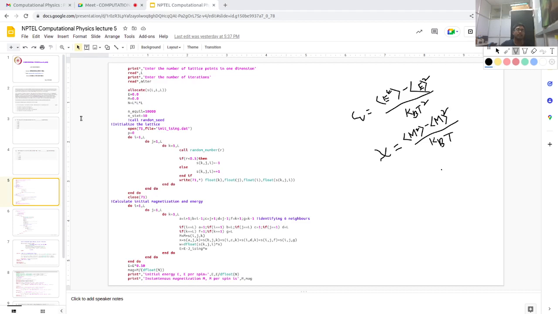Then again I am taking three loops because we have a three dimensional lattice. If we have a two dimensional lattice, we don't need three loops. We have two loops for two dimensional, and if we have one, then I have to take just one.